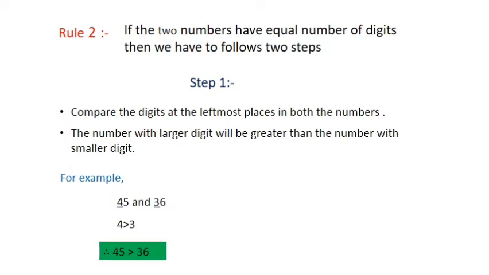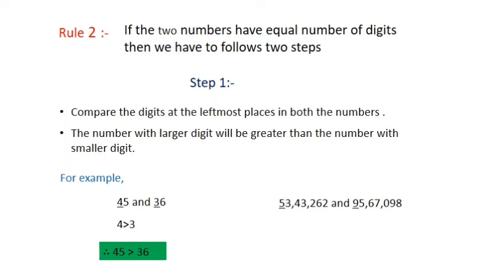Now let us take one big, larger number. Now if you see here, this is 53,43,262 and 95,67,098. Both the numbers are having an equal number of digits. Here 53,43,262 is a 7-digit number, and 95,67,098 is also a 7-digit number. Now first step is what? We have to compare the leftmost place.